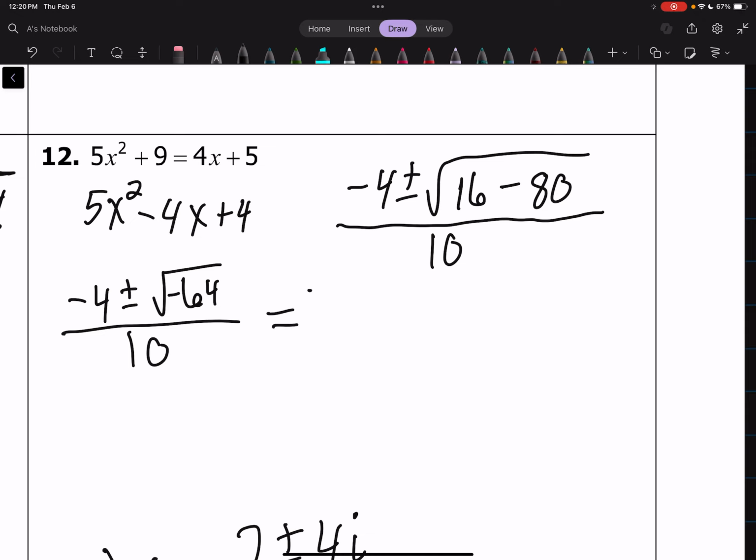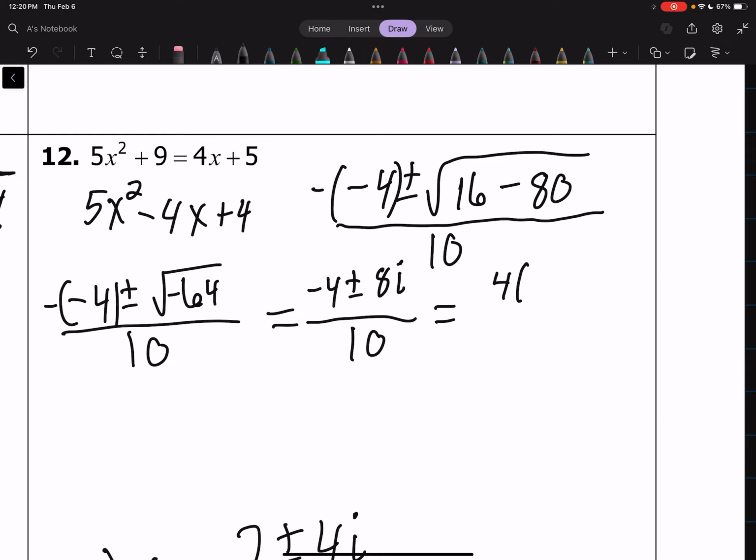The square root of 64 is 8. I have that negative, so it's going to be 8i over 10. Pull out my GCF of 4. So I'm going to be left with, that's a negative, that should be negative, which means this is positive.